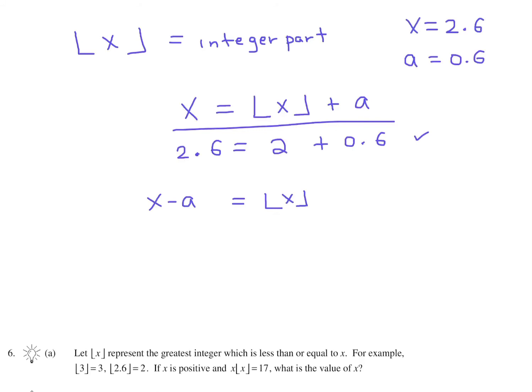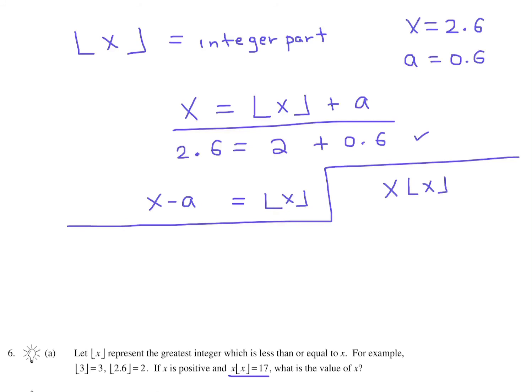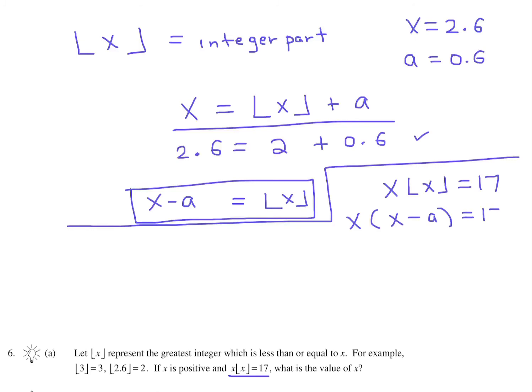All right? So now they're telling you that they've got this relationship, x times bracket x is 17. So that basically means if we use our new relationship, x times (x minus a) is equal to 17.